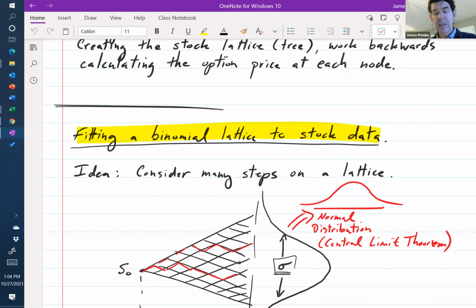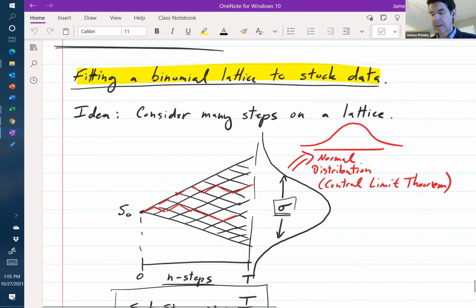Then we were down at this last topic, which is trying to connect everything and tie it into actual stocks. Let me tell you the idea again.